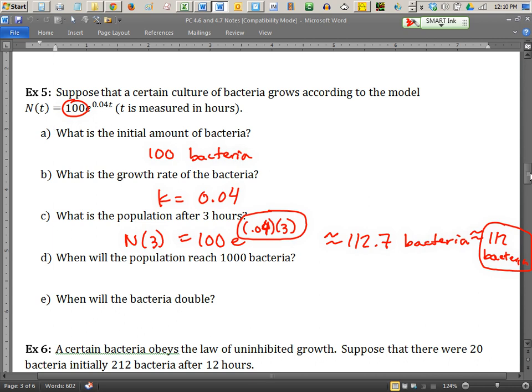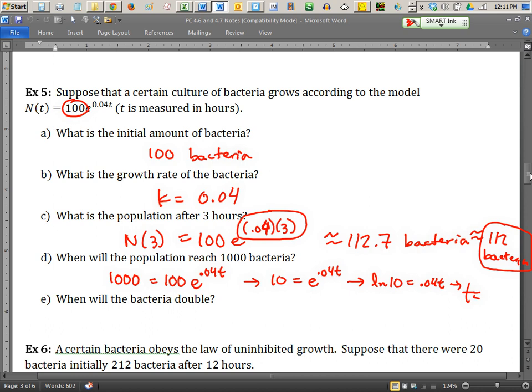When will the population reach 1,000? So I'm just going to put 1,000 on the left, and this is 100e^(0.04t) on the right. And now it's the time I don't know. So to get rid of the 100, I'll just divide. To get rid of the e, I'll just ln. And to get rid of the 0.04, I'll divide.